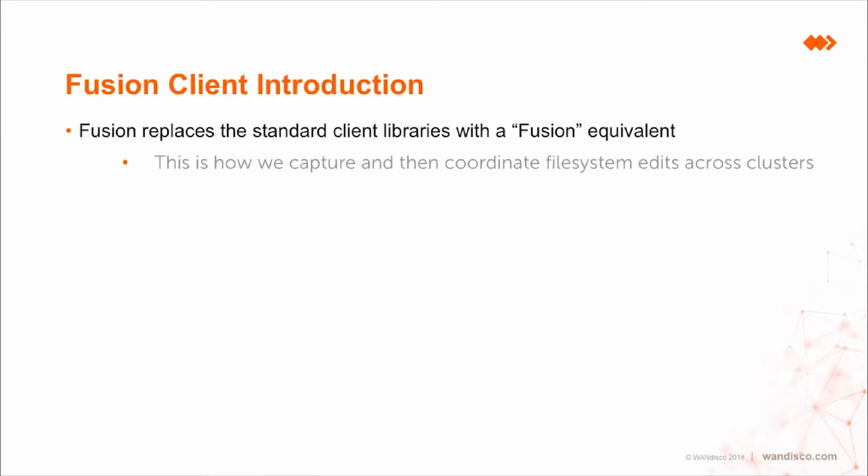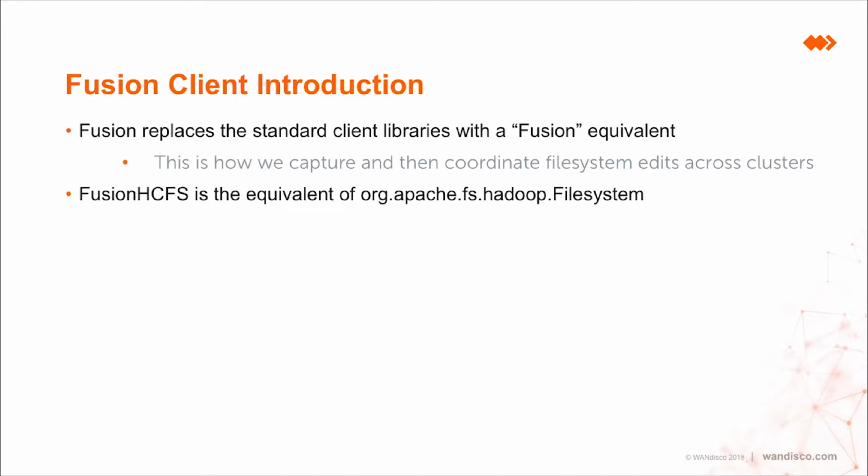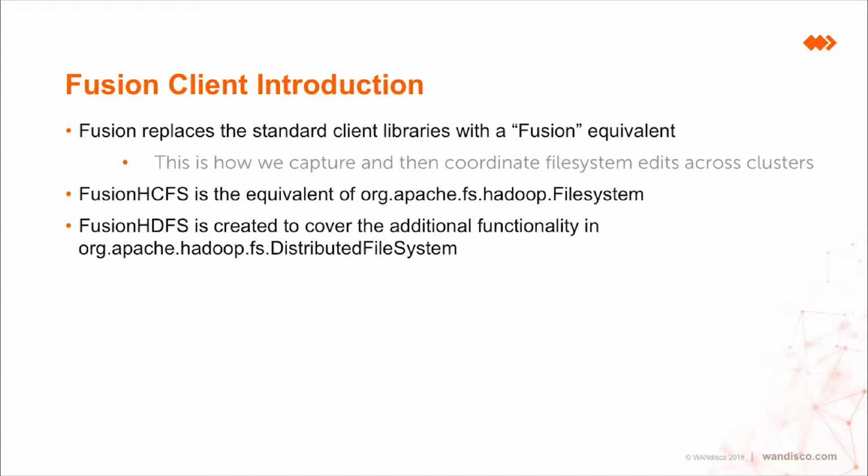Fusion client introduction. Fusion replaces the standard client libraries with a Fusion equivalent. This is how Fusion captures and then coordinates file system edits across clusters. The Fusion HCFS, or Hadoop Compatible File System, is the equivalent of the org.apache.hadoop.fs.FileSystem.